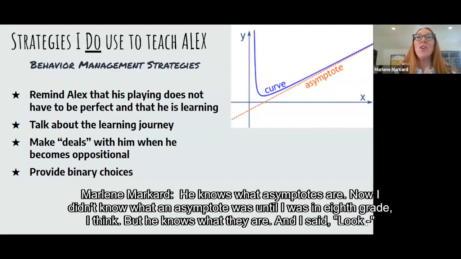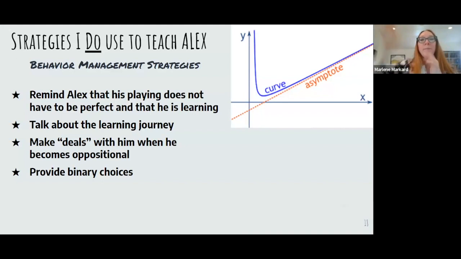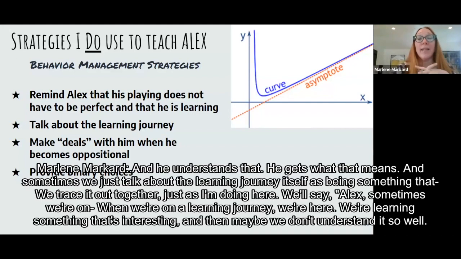Now, I didn't know what an asymptote was until like I was in 8th grade, I think, but he knows what they are. And I said, look, we talk about the learning journey being asymptotic, so that it comes down and makes this precipitous curve upwards. And he understands that. He gets what that means. And sometimes we just talk about the learning journey itself, and we trace it out together, just as I'm doing here.